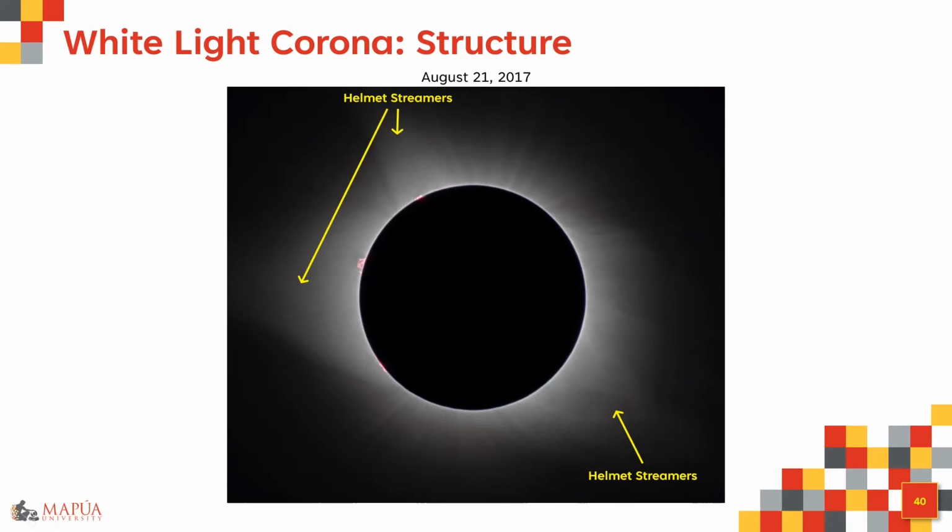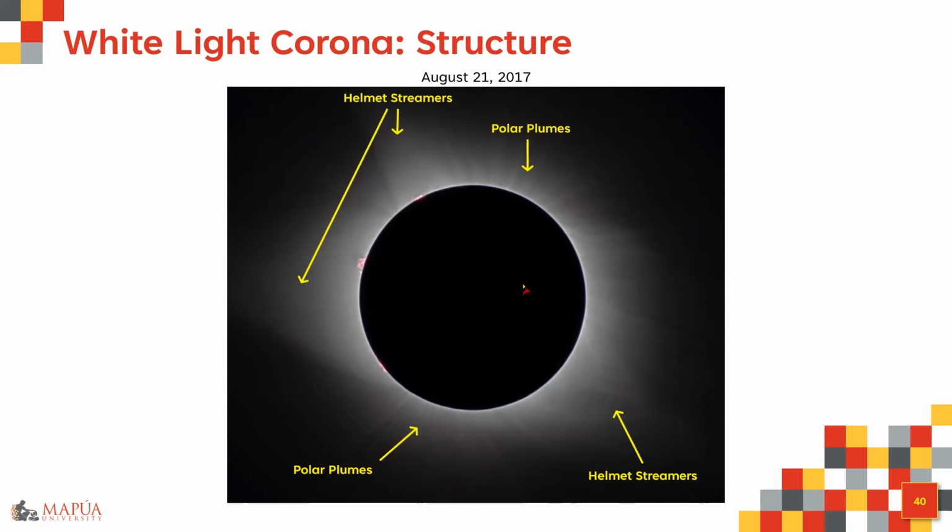Aside from that, we can actually observe here these polar plumes. These are bright structures of fast flowing solar plasma coming off the poles, which is guided by the polar components or radial component of the sun's magnetic field.